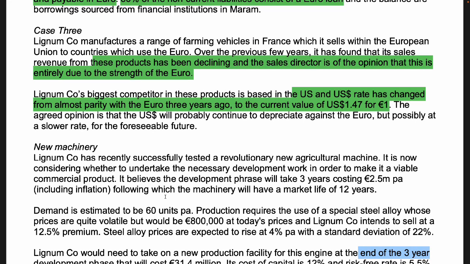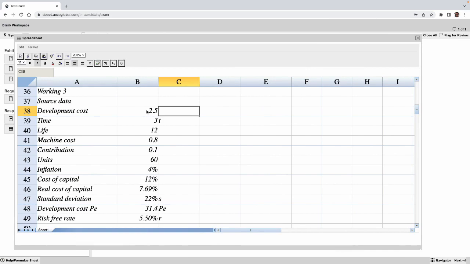That's why I use the cost of capital straight. Does that make sense? If it was excluding inflation, then I have to use the real rate. If it is including inflation, so this is trying to mess you up a bit. Okay, got it? So that's why we use the 2.5.